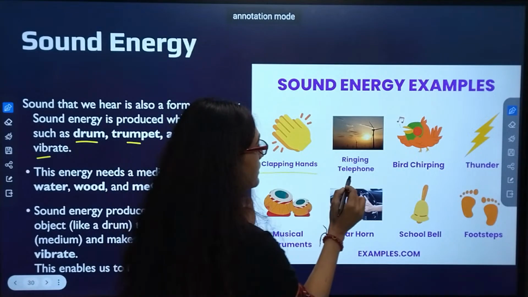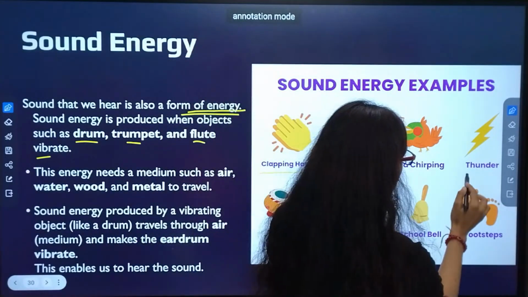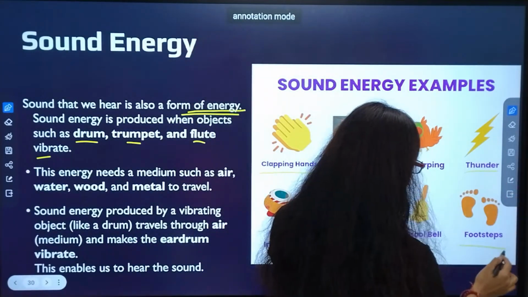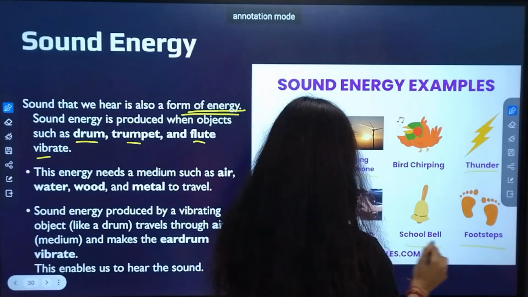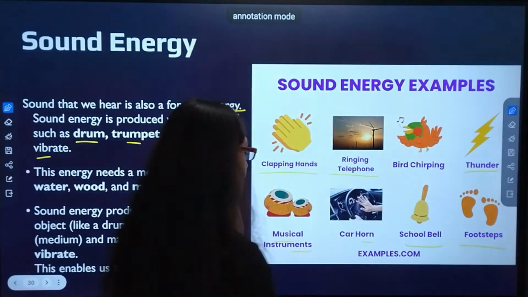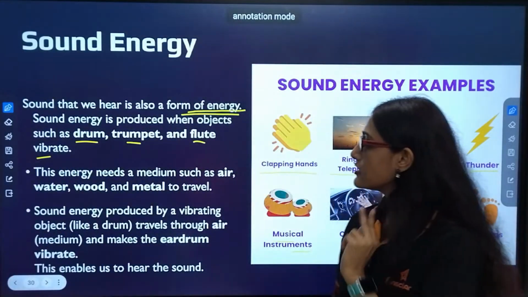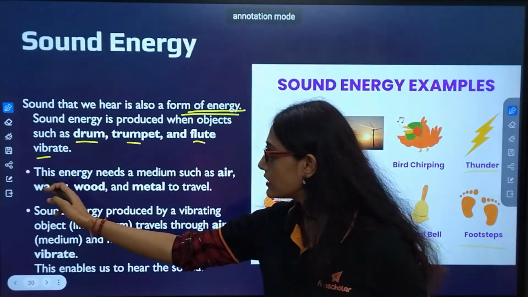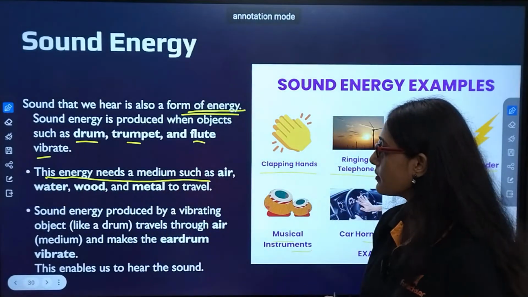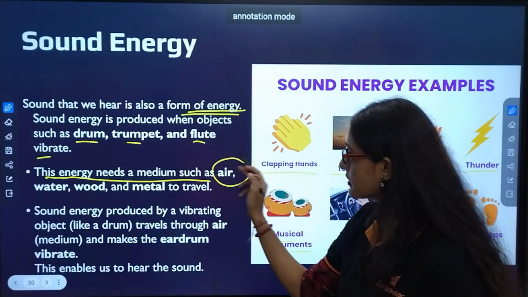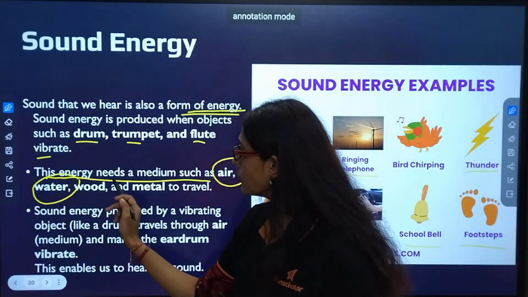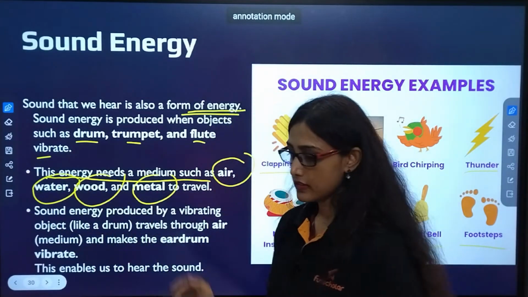Clapping of hands, phone ringing, thunder, even your footsteps, school bell, car horn, musical instruments, everything is sound energy. This energy needs a medium such as air, water, wood, metal. Right?